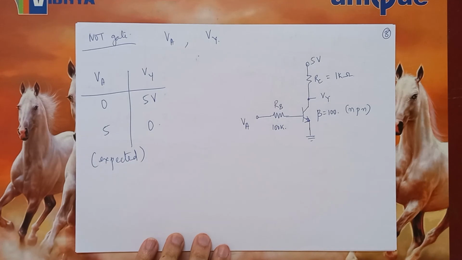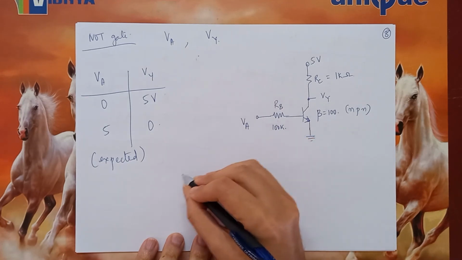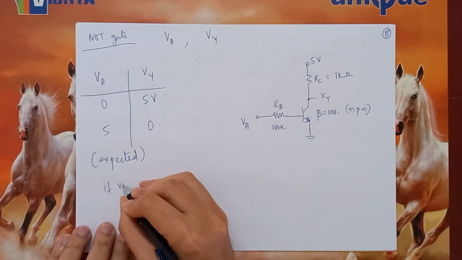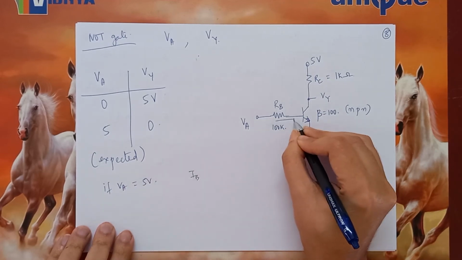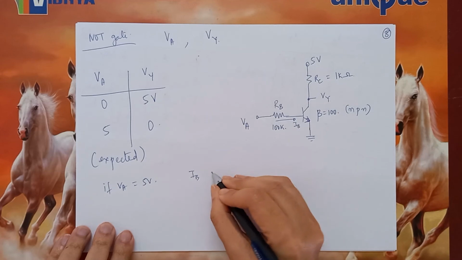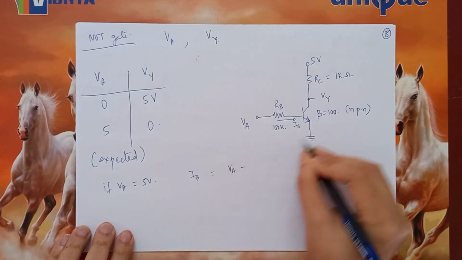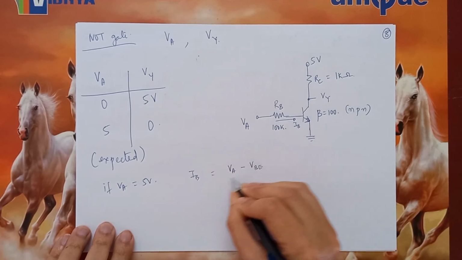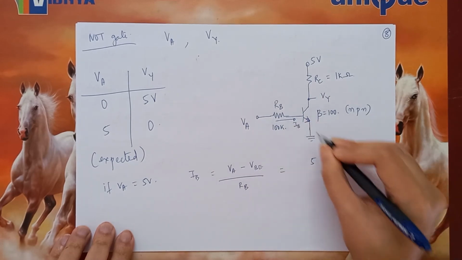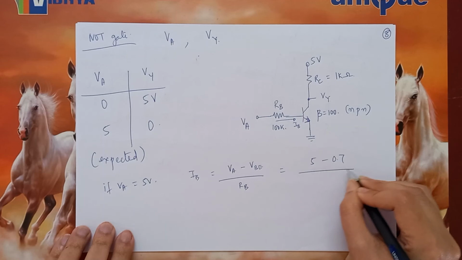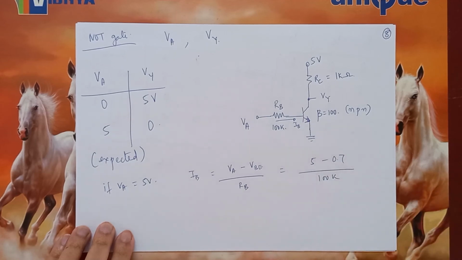Now as an example, if VA is 5 volts, then the base current IB that's flowing into the base would be VA minus VBE divided by RB. That is 5 minus VBE, which is 0.7 volts, divided by 100 kilo ohms.